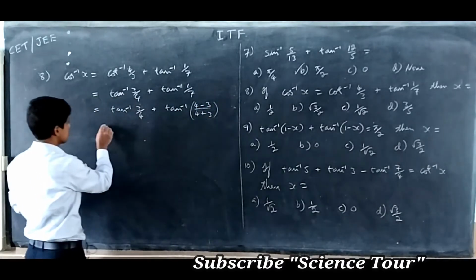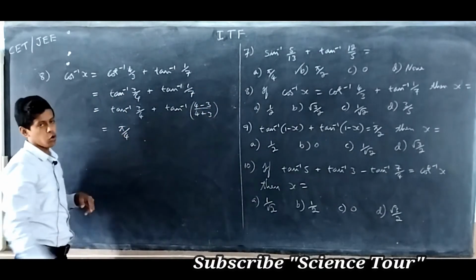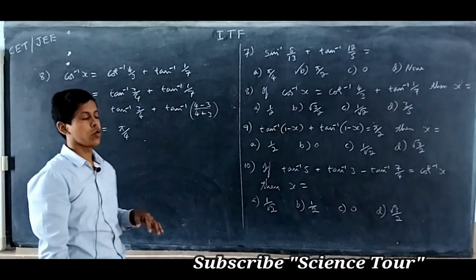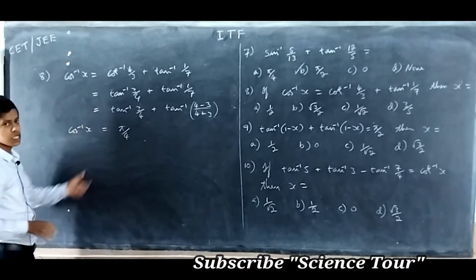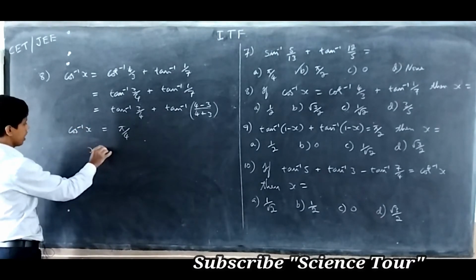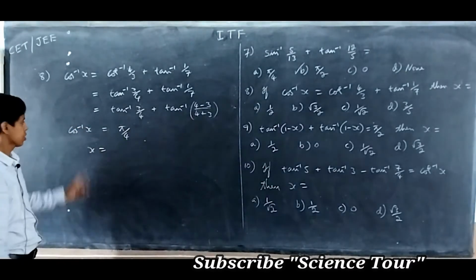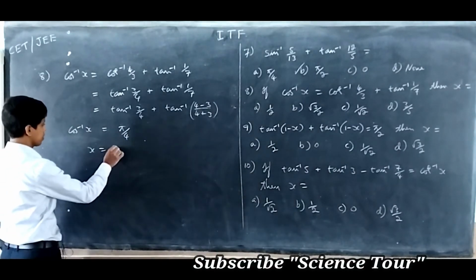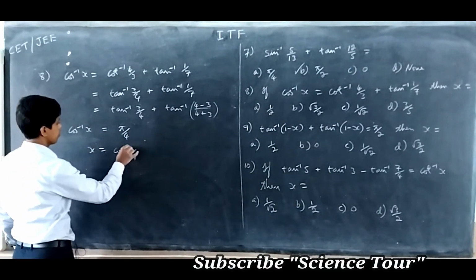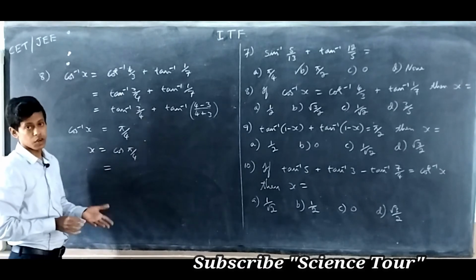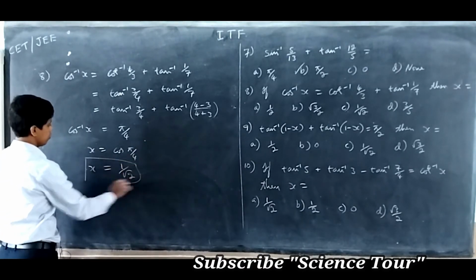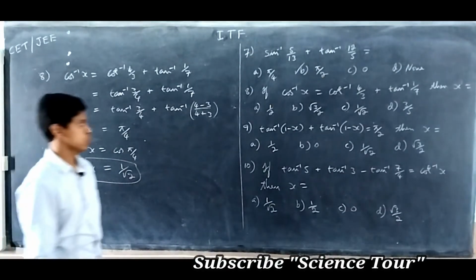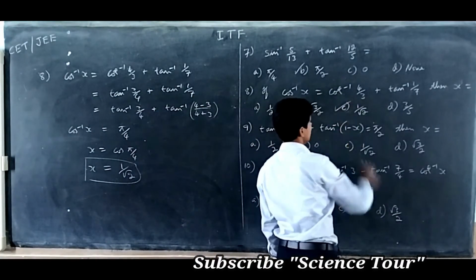Therefore, what's the answer of this? Pi by 4. Now, what did you get? Cos inverse x is equal to pi by 4. Therefore, the value of x is cos pi by 4, correct? So what is cos pi by 4? Cos 45 is 1 by root 2. Therefore, the value of x is 1 by root 2, and 1 by root 2 is right here, option number C.